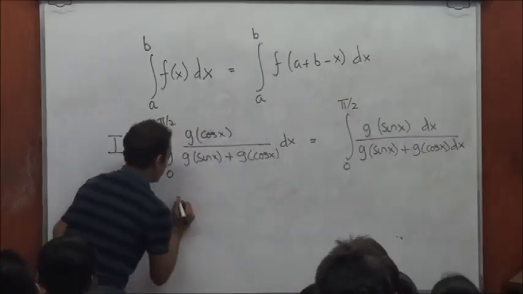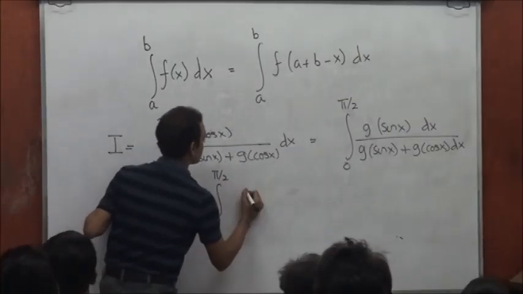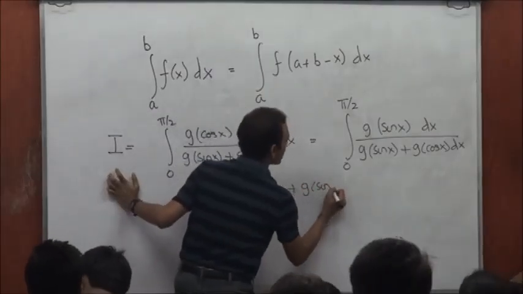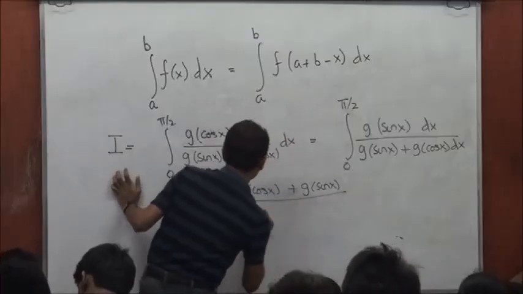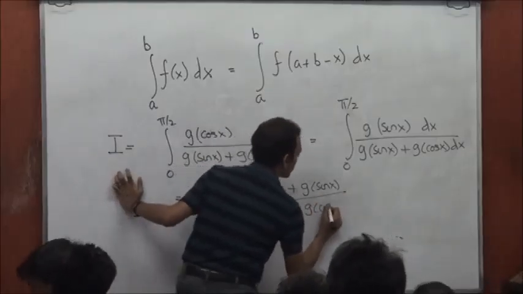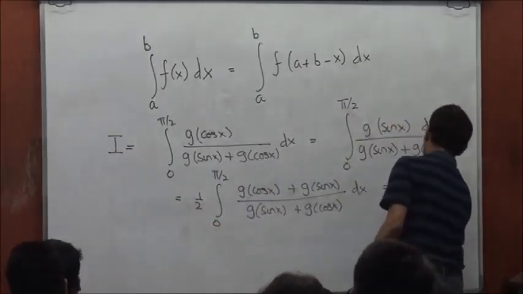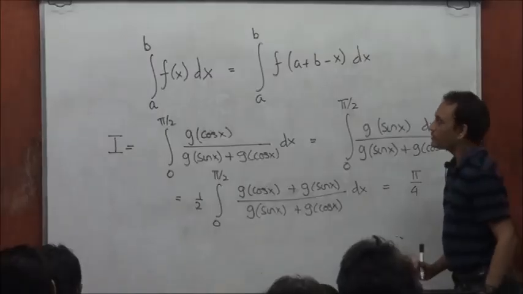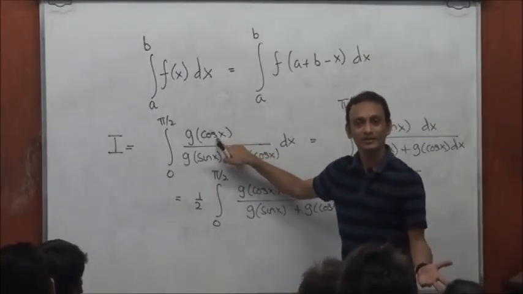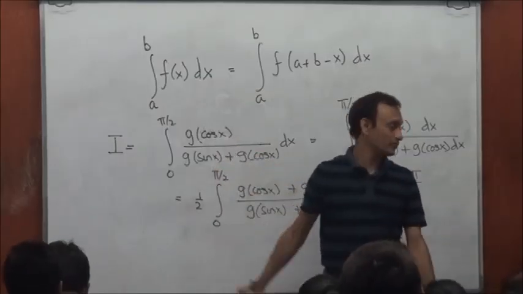So then each would be equal to half of integral 0 to pi by 2 of g cos x plus g sin x divided by g sin x plus g cos x dx, which would be pi by 4, as you can see. So now instead of sin x and cos x, if you had tan x and cot x, you will still get pi by 4. If you had sec x and cosec x, you will still get pi by 4 and so on. Right?